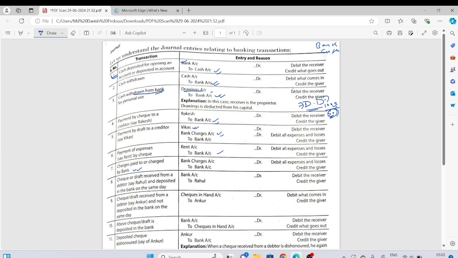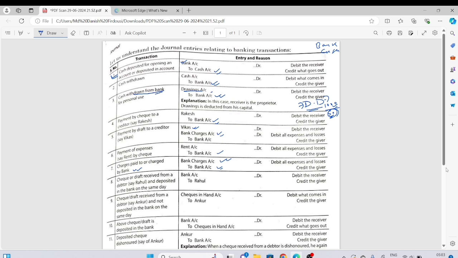If you pay any charge to the bank, it means these charges are an expense for your business. So here what entry will you pass? You will have to pass bank charge account debit, because this is an expense, all expenses and losses are debit, to bank account, because the bank will receive this amount.